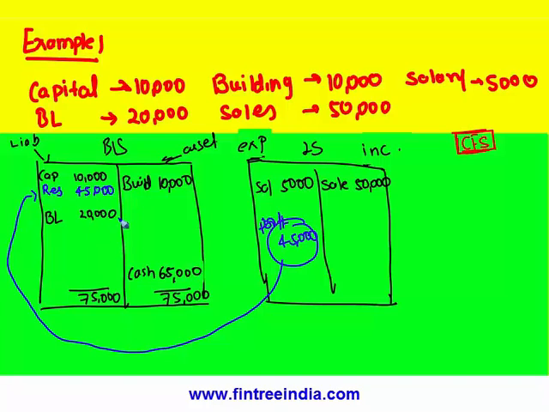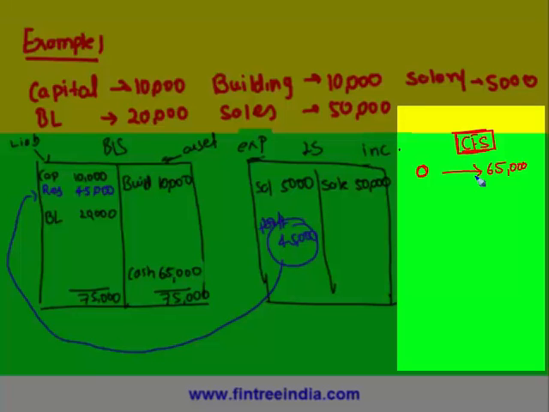What was the amount of cash we had last year? 0. And what is the amount of cash we have this year? 65. So essentially we are trying to diagnose the difference, which is 65, that how is that 65 generated. And this cash flow statement or sources of cash we will divide into 3 parts.